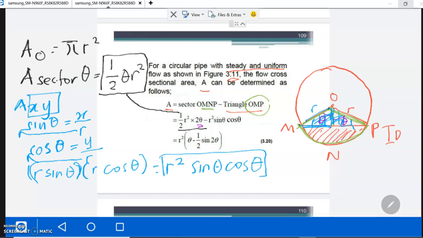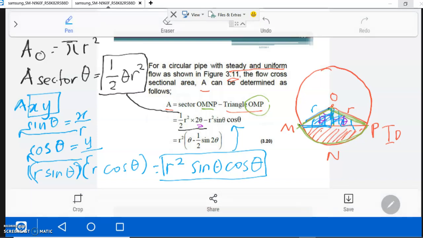Okay, so ini lah yang kita masukkan dalam triangle OMP. Sebab apa kita tak perlu divide 2? Sebab kita ada 2 triangle. So bila dah ada 2 triangle, means we have 1 square lah. So that's why kita tak payah nak divide by 2, sebab nanti kita nak kena times with 2 balik semula.